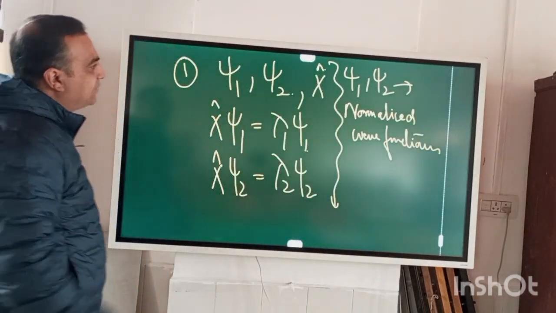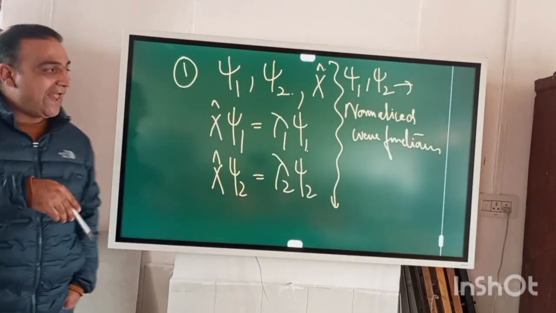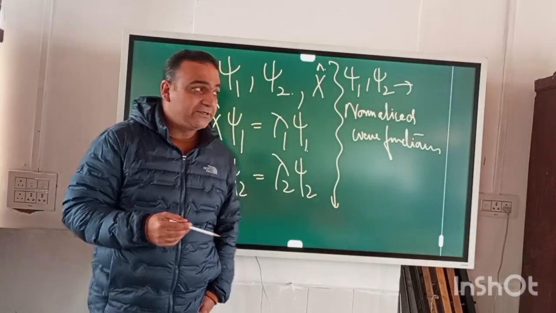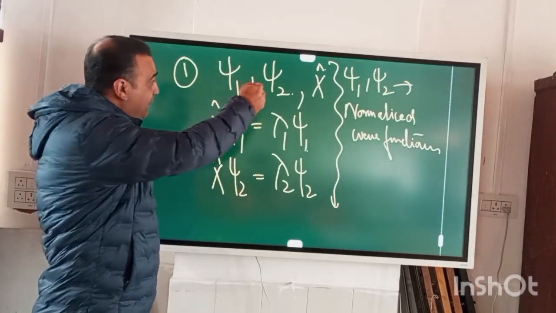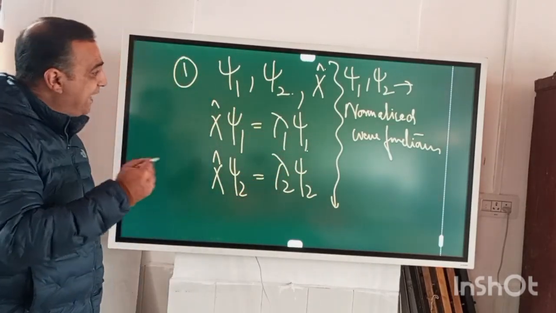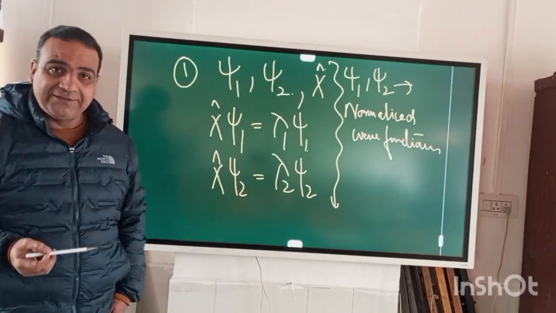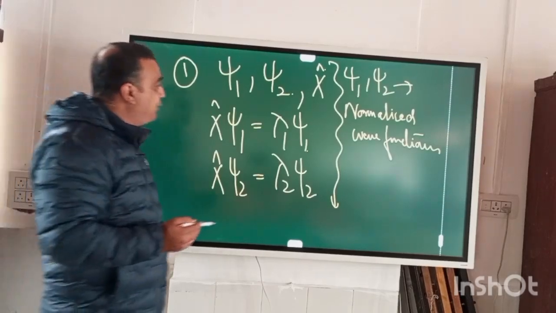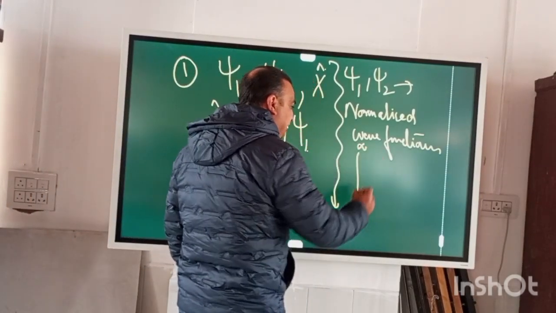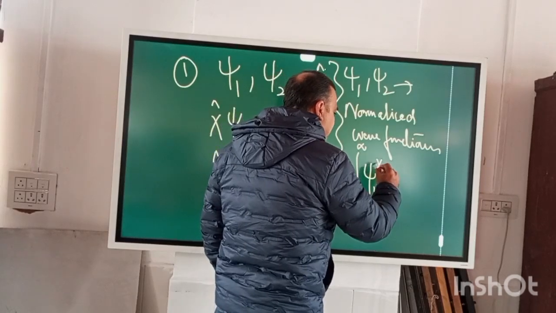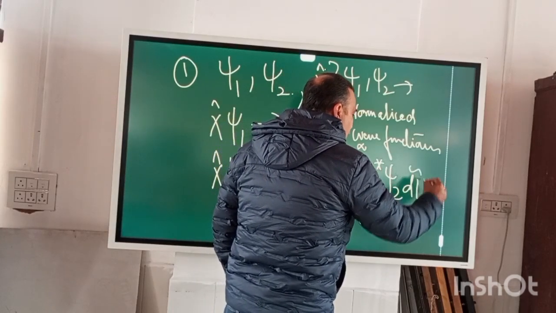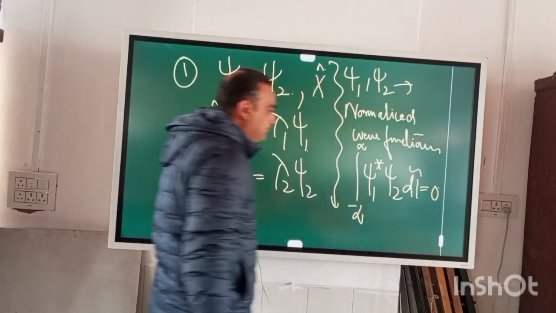Using the Hermitian property of these operators, assuming that this operator is a Hermitian operator, we would like to prove the orthogonality condition. I would like to prove that the integral from minus infinity to infinity of psi1 star psi2 d tau is equal to 0.